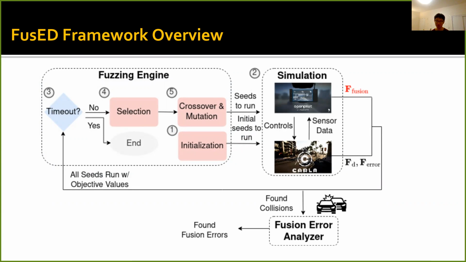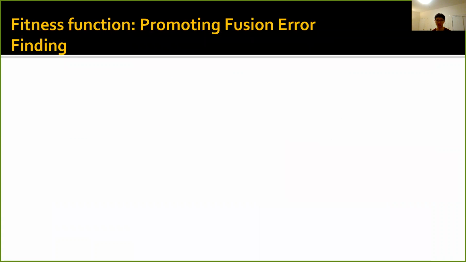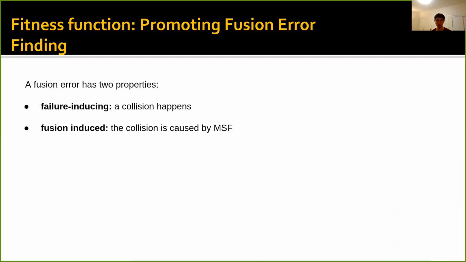Now, at the core of the fuzzing engine is a fitness function. We want to find fusion errors, which have two properties, failure inducing and fusion induced, which means a collision needs to happen and the collision needs to be caused by the sensor fusion. So we design a search objective to be a weighted sum of three terms.